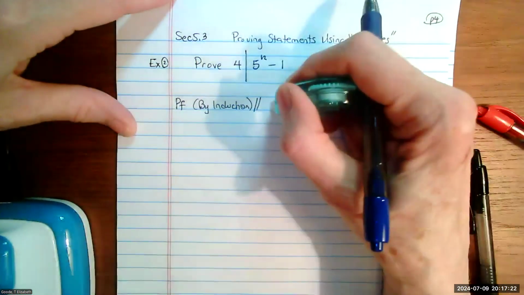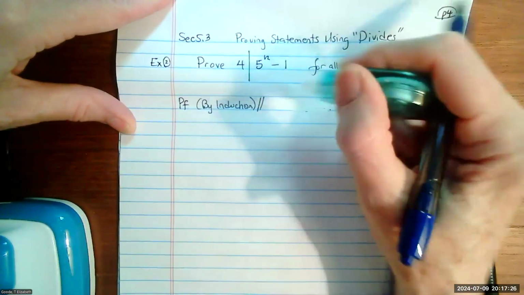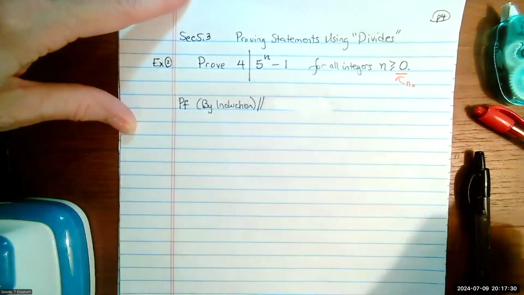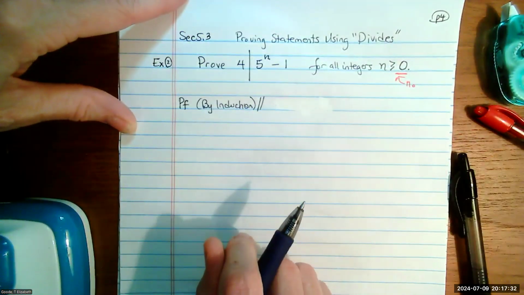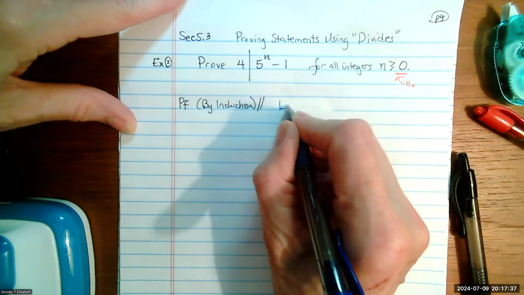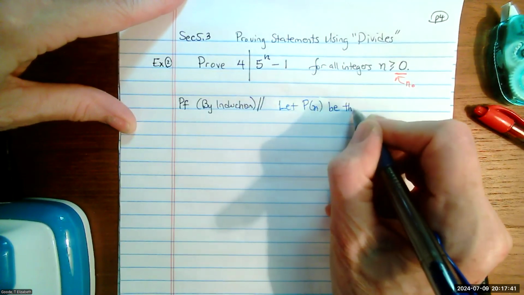Oh, wait a minute. I jumped the gun. That's the start of the basis step. That's not the start of the proof. How do I start the proof? We're going to say, let P of n be the statement.